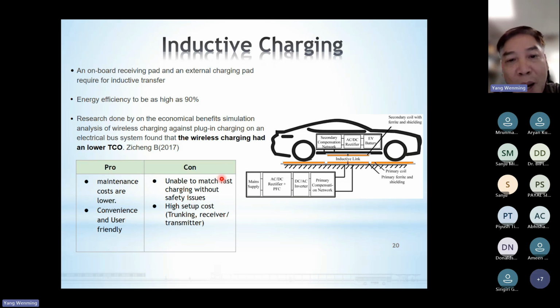However, the shortcoming is that it is unable to do fast charging without safety issues. So this kind is more suitable for slow charging, not suitable for fast charging or supercharging. Also the setup cost is very high compared with conductive charging, because the capital cost is much more expensive.